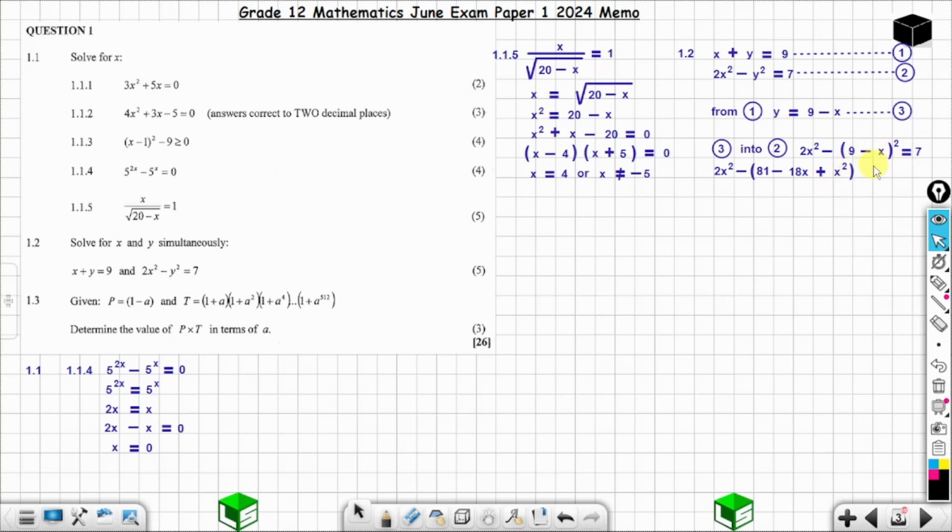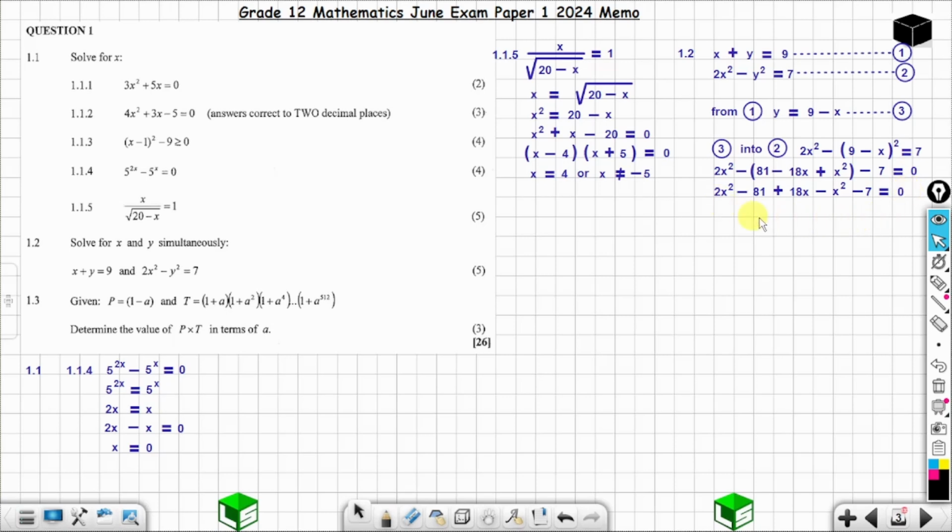You close your bracket. You bring 7 to the left, so you have minus 7, equal to 0. You have 2x squared minus 81 plus 18x minus x squared, because you have a minus in front of the bracket, and then minus 7, equal to 0.